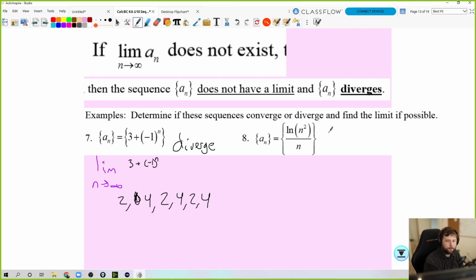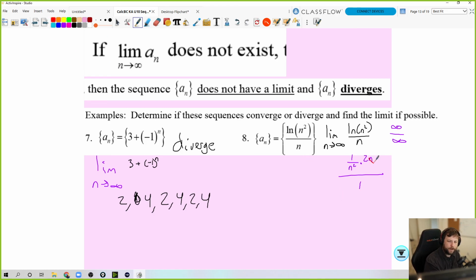Let's take this top one. You can just do this as a limit problem. The limit of the natural log of n squared over n. If you tried to plug in infinity, you'd get infinity over infinity, so we can use L'Hopital's rule. The derivative of the top is 1 over n squared times 2n, and the derivative of the bottom is 1.